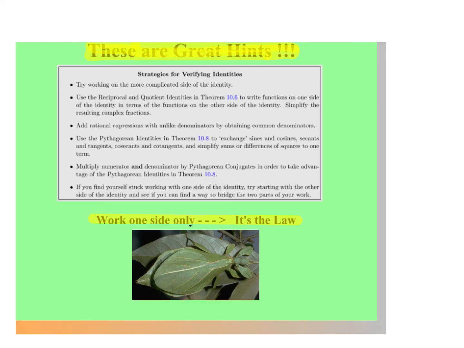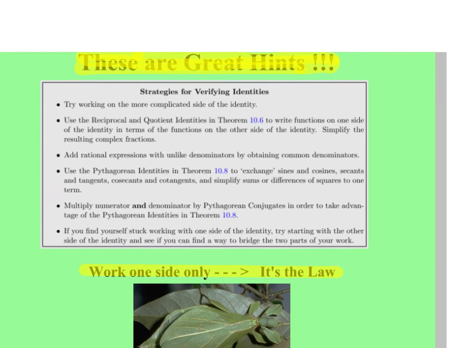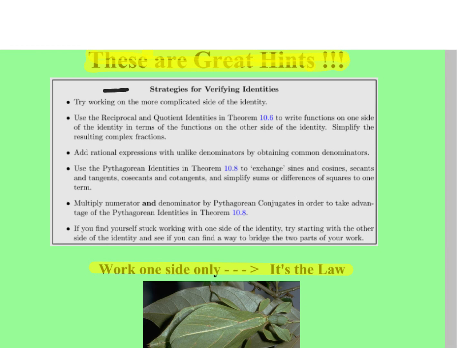All right, so these are great hints. Do the more complicated side. The reciprocal ones: sine is 1 over what? That's what reciprocal means, right? Cosecant. And secant is 1 over cosine. You've got to know those reciprocals of each other.